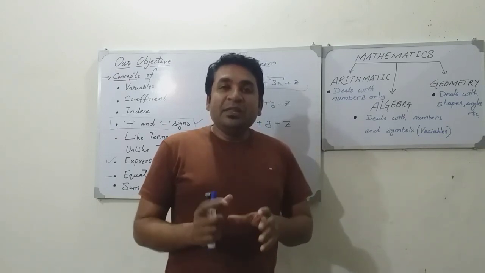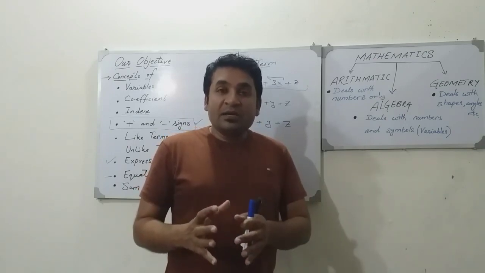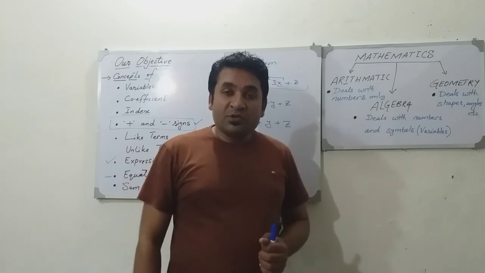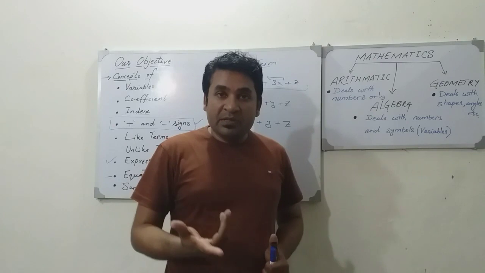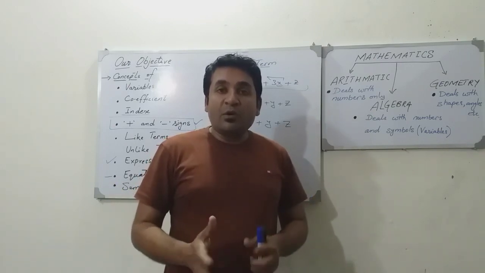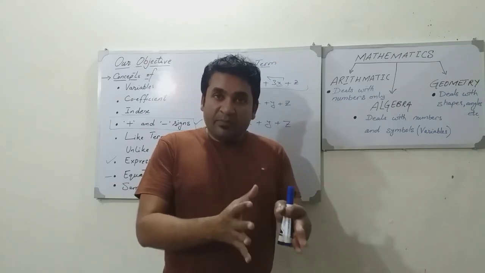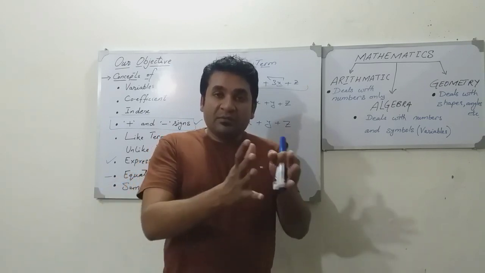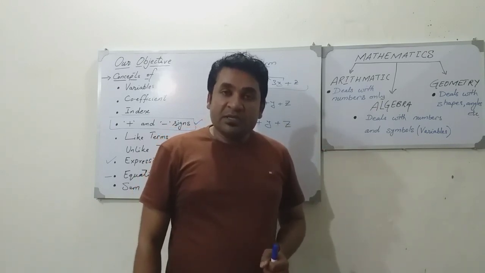So you will actually add all the apples together. You can't add all the fruits together and tell me that we have 20 apples. You have to count all of them separately. Like if there are 6 apples, you will count the 6 apples, the mangoes separately, and then the oranges separately.